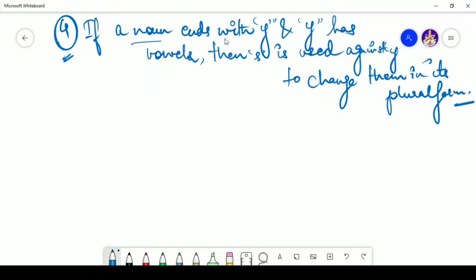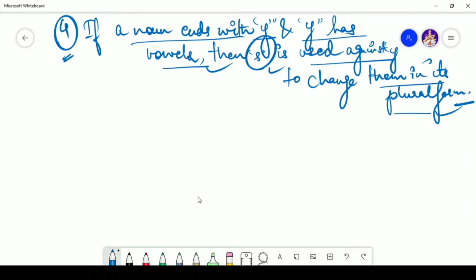Got it? So if a noun ends with Y and Y has vowels, then S is used against Y to change them into their plural form.